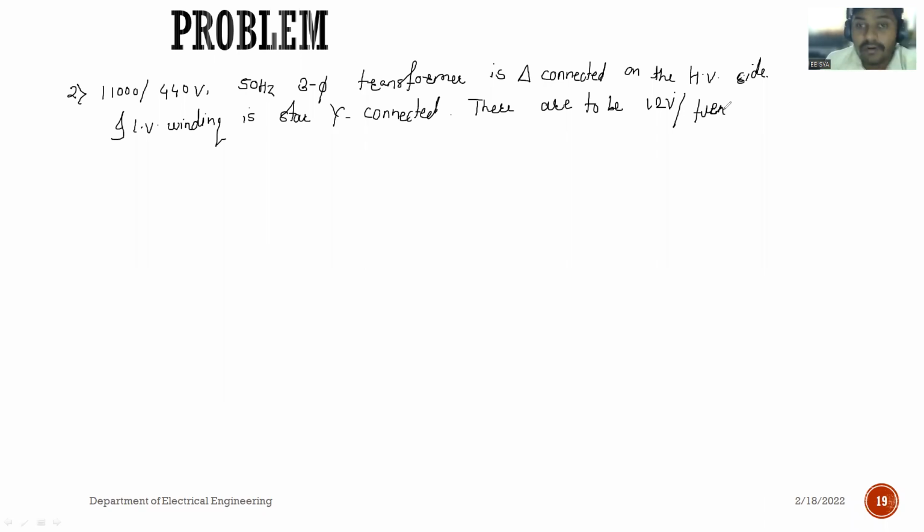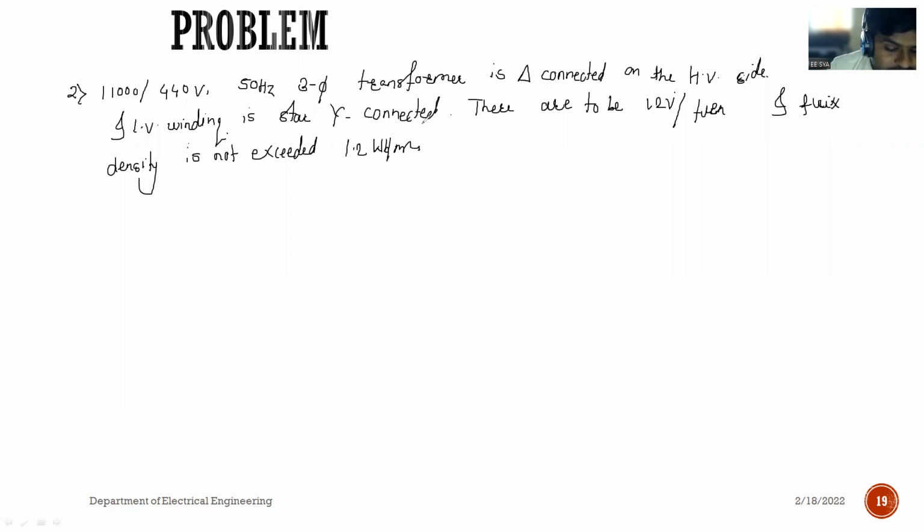There are to be 12 volt per turn, and the flux density is not exceeded 1.2 Weber per meter square.